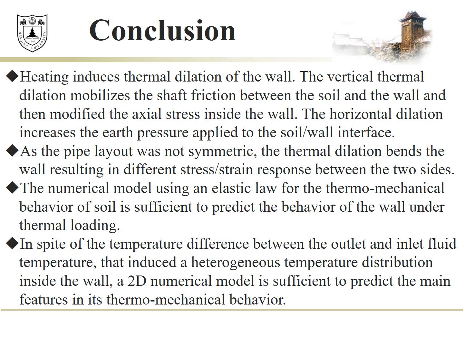Second, as the pipe layout was not symmetric, the dilation bends the wall, resulting in different stress-strain response between the two sides. Third, the numerical model using an elastic law for the mechanical behavior of soil is sufficient to predict the behavior of the wall under small loading.